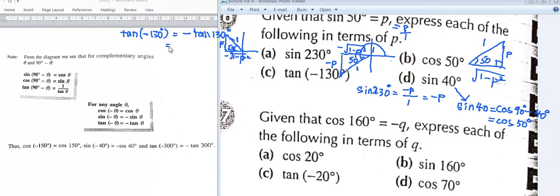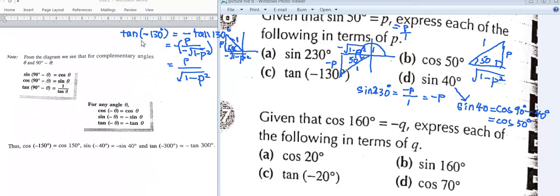So minus tangent of this basic angle is P over minus square root of 1 minus P squared. So it works out to be P over square root of 1 minus P squared. So this one, we take out the negative, we work along the anti-clockwise.